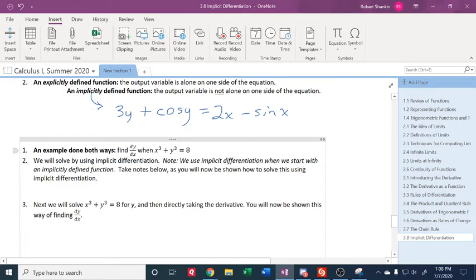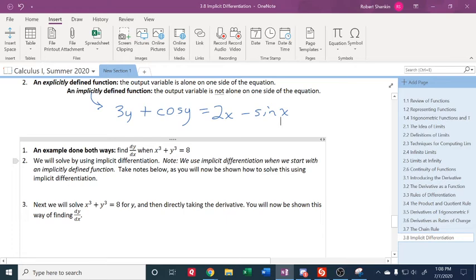We're going to find dy dx when the equation is x cubed plus y cubed is equal to 8. And we will solve by using the technique called implicit differentiation.